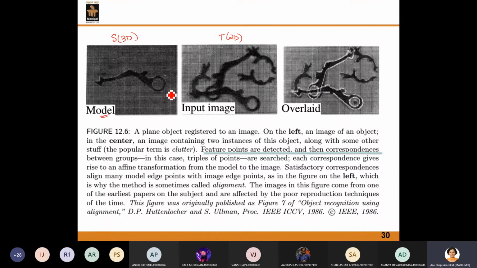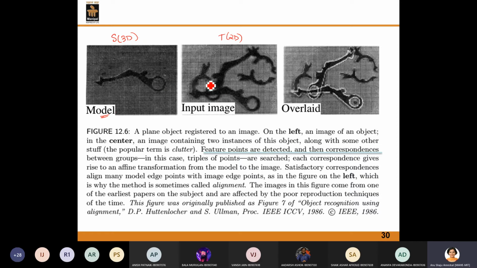So what we do is we first try to identify tokens in both the source as well as the target. These tokens could be lines, edges which are present, circles, the geometric primitives that you have, and so on.